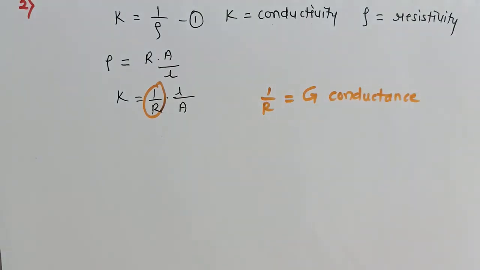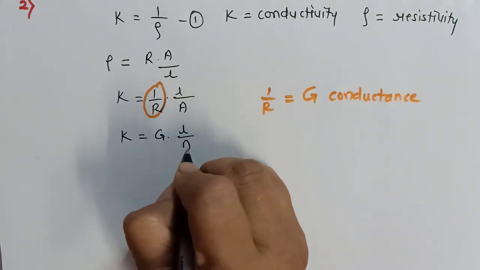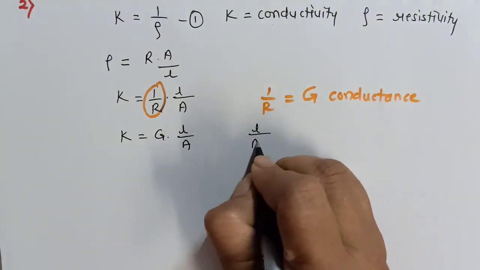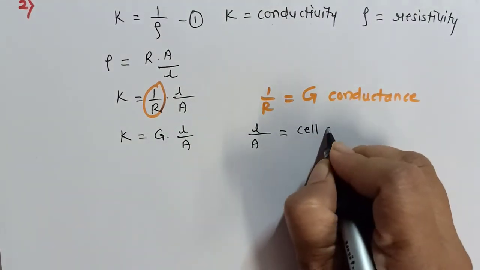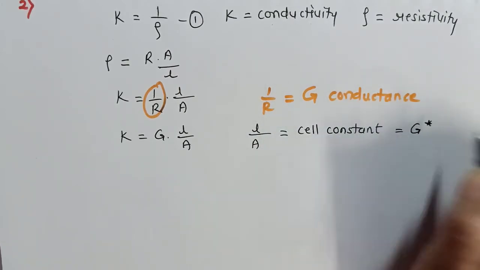And therefore we can replace this term: K equals G into L by A. Now this term L by A is given another name, cell constant, and that is denoted as G star.